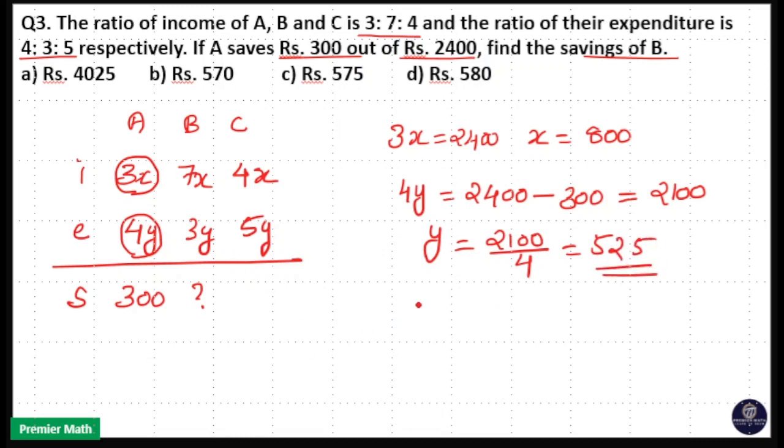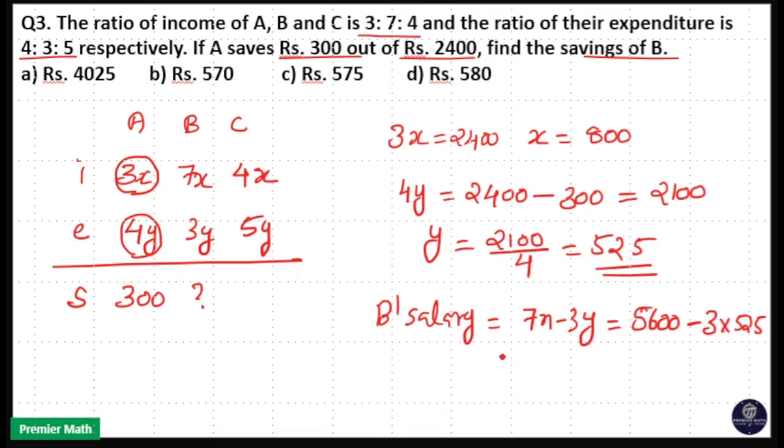We have to calculate B's savings. That means 7x minus 3y. That is equal to 7 into x, which is 7 into 800, 5,600, minus 3 into y, which is 525.